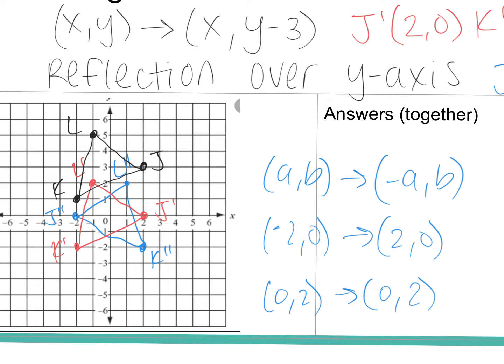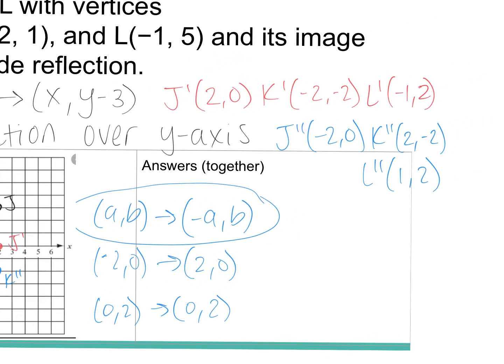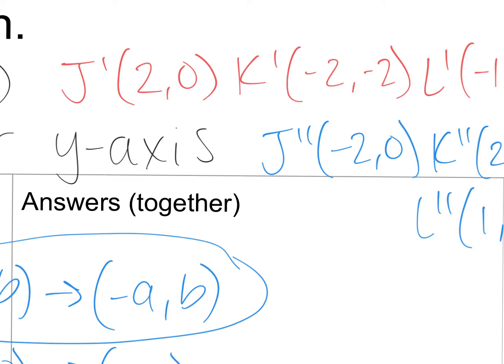Why do you put the A comma B and to the right? This is a rule, okay? Do you remember the rules? I'm just putting that because look, all of your points. You'll notice that from J prime to J double prime, the only thing that changed was the x value, from positive to negative.